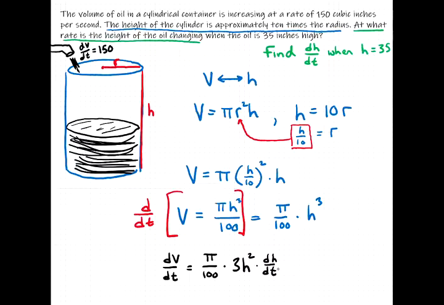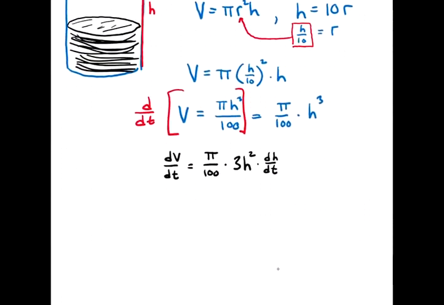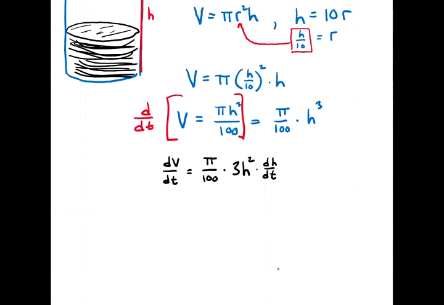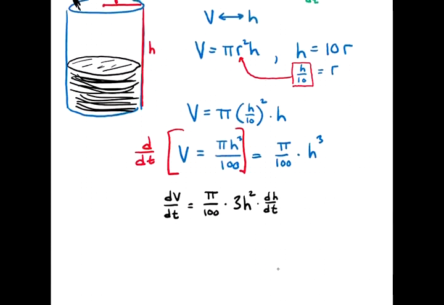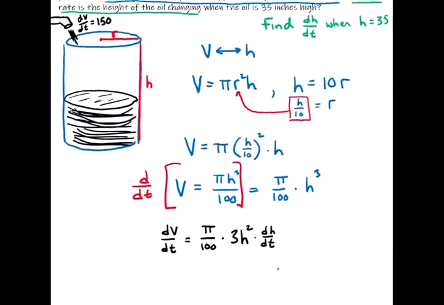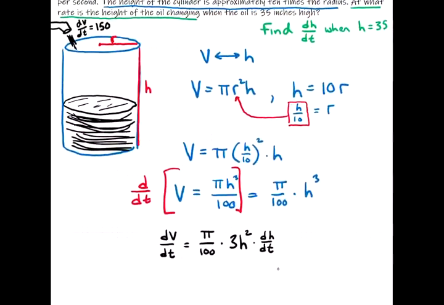So don't forget the times dh/dt, we're using implicit differentiation. We're taking the derivative with respect to an external variable, time. All right, so once we've taken the derivative, now we can plug in the given values.